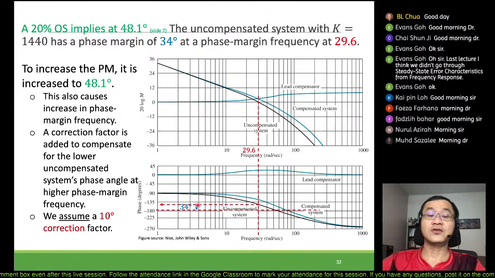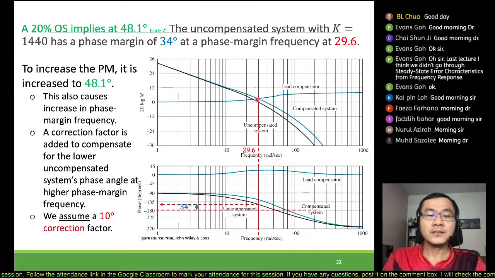That is 34 degrees of phase margin. When we cut through this black line, the uncompensated one, it occurs at a frequency of about 29.6 radians per second. Just draw a straight line to our magnitude plot.